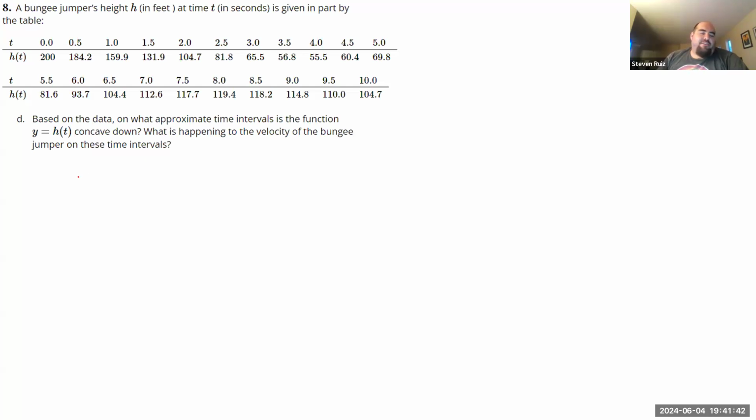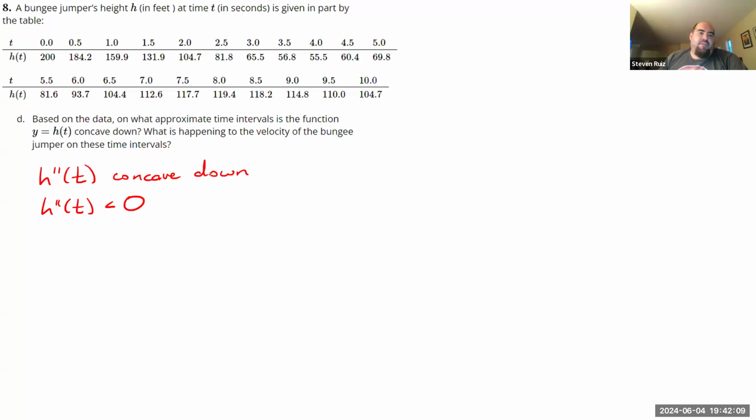Concavity, either downward or upward, is answered by the second derivative of the function. So we want to know where h double prime of t indicates concave down. What about the second derivative indicates whether you're concave down? That comes from where the second derivative is negative.